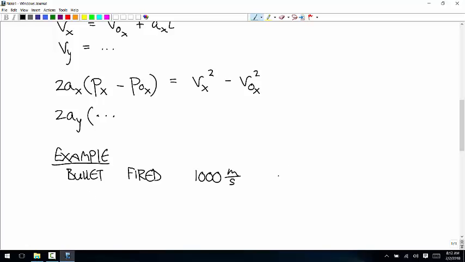So it's fired 1,000 meters per second horizontally from 1 meter high. Isn't there a pretty big variation? So let's change it to 500. That's good enough.